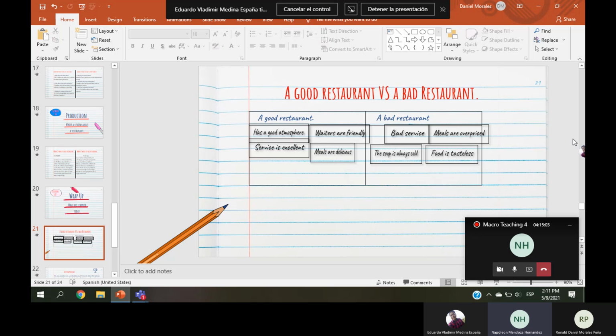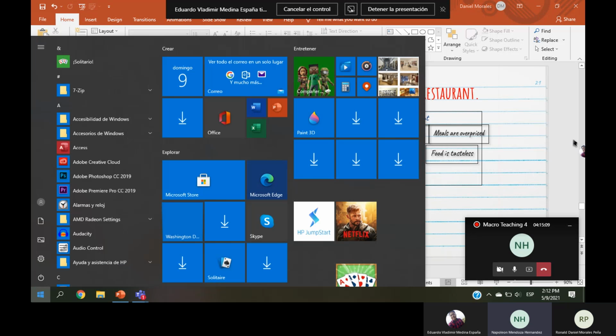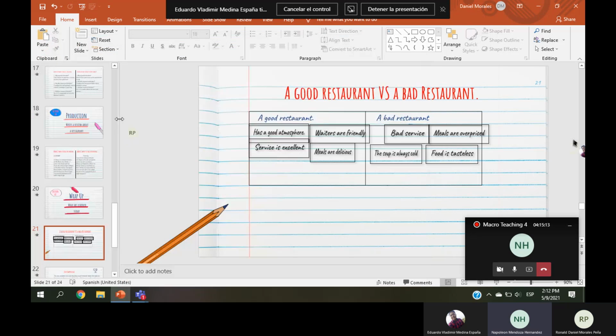And now I am going to read about bad characteristics: bad service, the soup is always cold, meals are overpriced, food is tasteless.